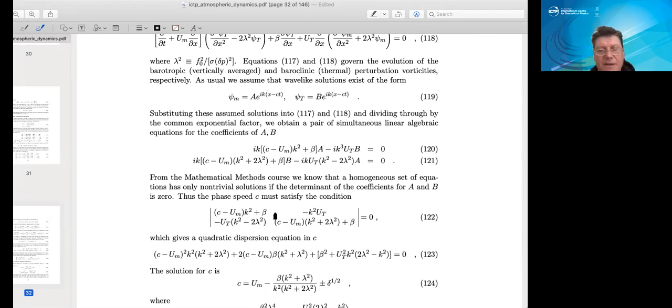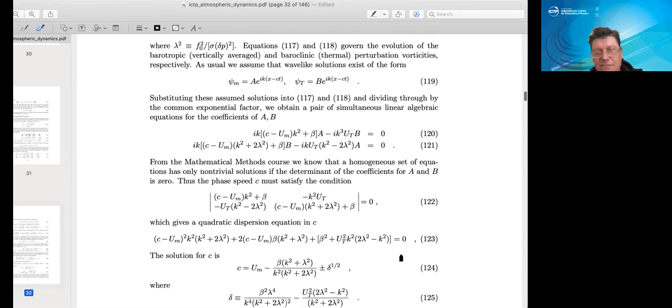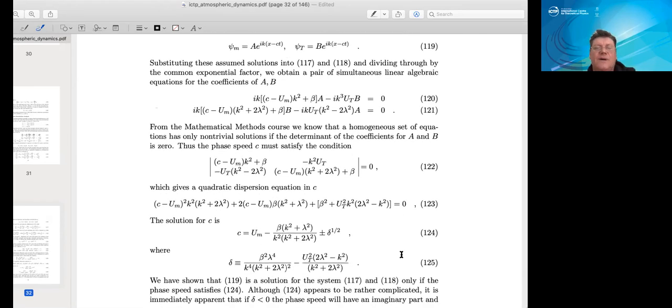So the determinant, again, as you remember, is this times this minus this times this, which is written in this expression here. So this is now a quadratic equation for C, for our phase velocity in x direction C, which gives us the dispersion relationship.